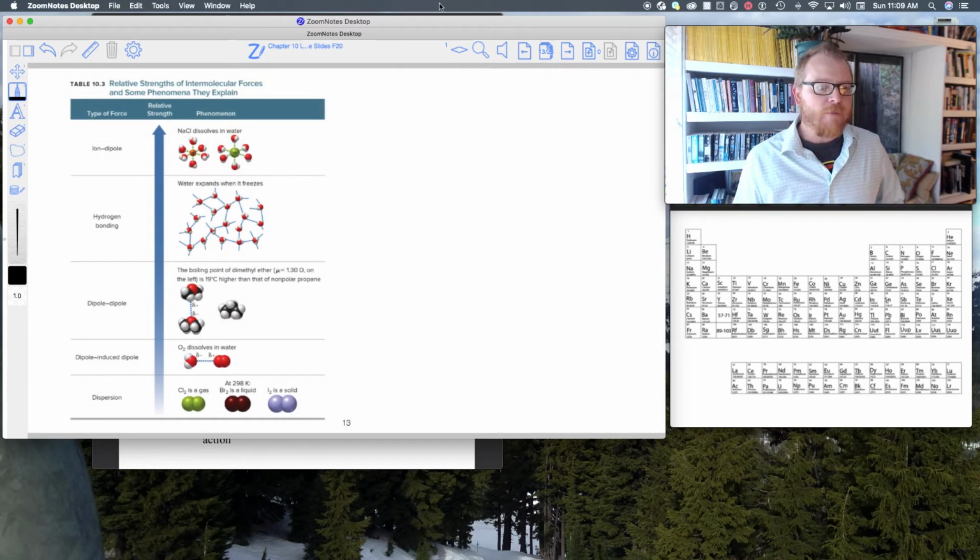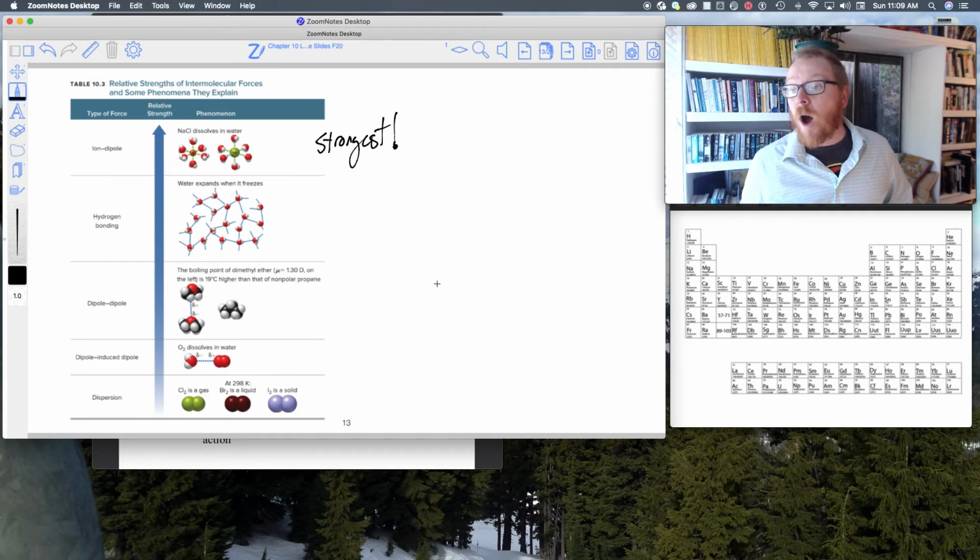Okay? So summarizing this, so this was a big lecture. So summarizing all this stuff, as far as relative strength, ion dipole is definitely the strongest. Okay? So like when a water molecule, for example, is interacting with an ion, that's quite strong. And I didn't really talk about these phenomena that are in this chart, but I'll talk about that as we go. Hydrogen bonding.